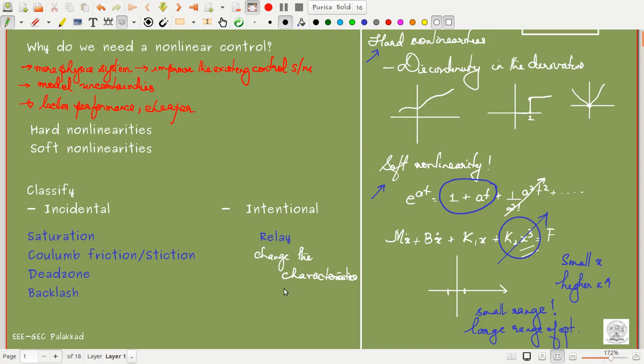These are the kinds of nonlinearities that we deliberately introduce to the system. Incidental nonlinearities are something which are already present in the system.